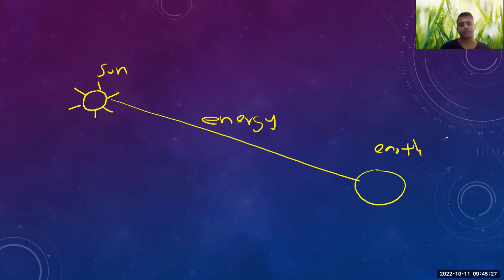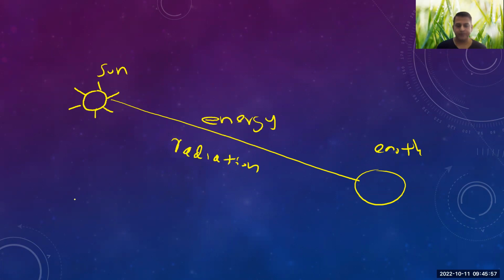Okay, now there is a nuclear reaction that takes place in the sun. This nuclear reaction produces a lot of radiation energy. This energy produced by the sun can reach Earth through radiation, right?